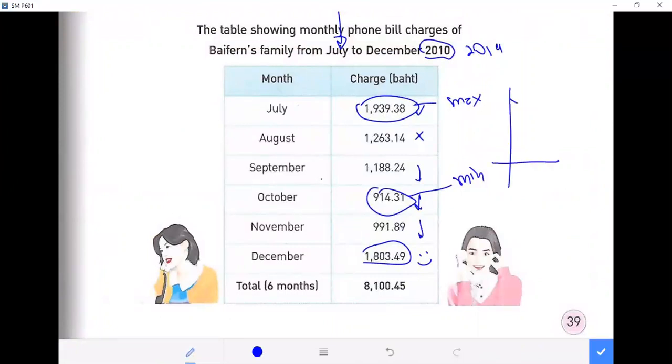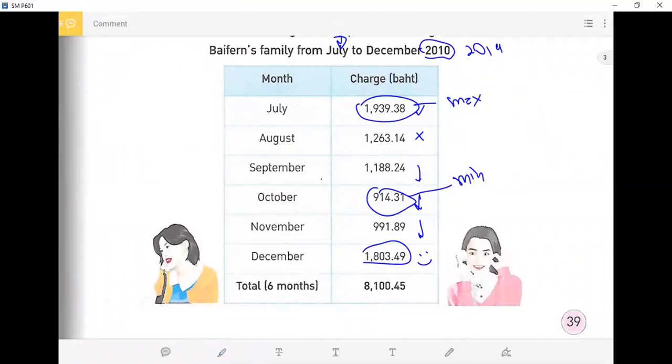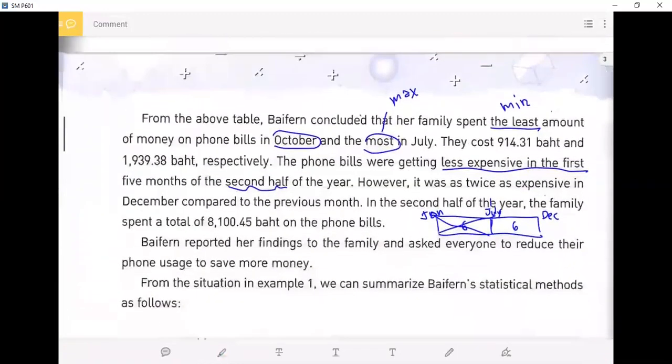And then it will go down to 1,200, a little bit more, like 1,100, a little bit more to 900. Like you see, this is your line. So we just go down, down, down, down, and then whoo, jump back to be higher again in December, something like that.